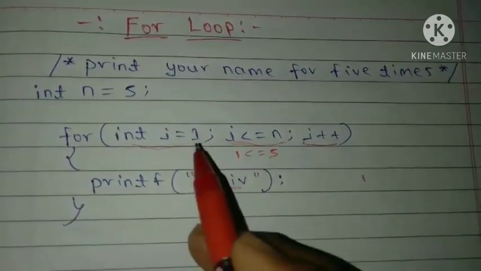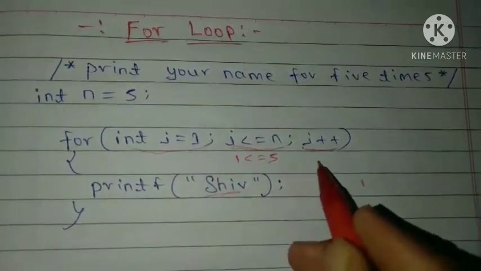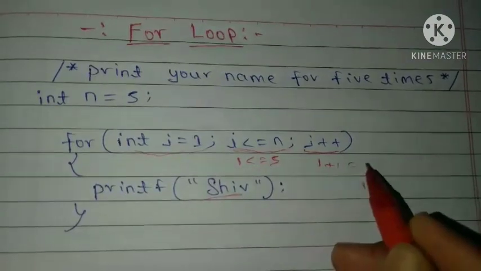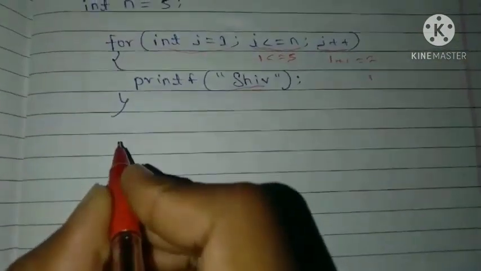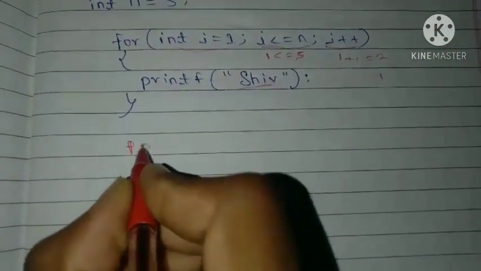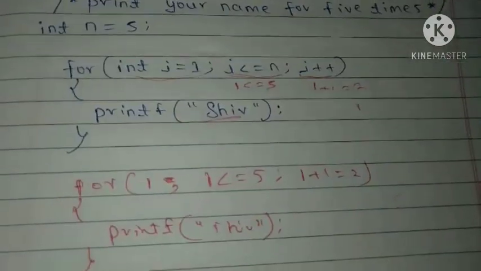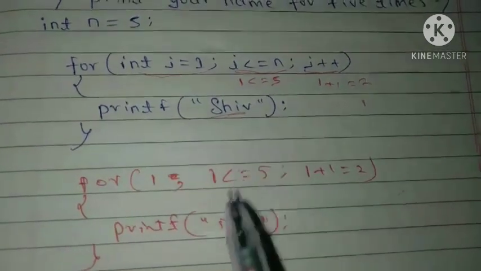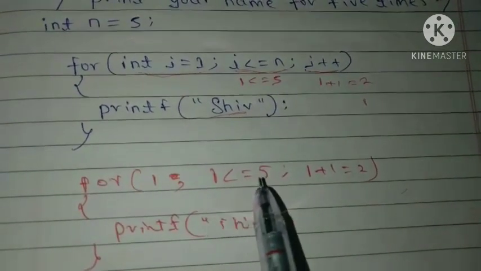It will print this word once, and after executing this statement, it will increment the i value by 1. What is the initial value of i? That is 1. It will increment by 1, so 1 plus 1 is 2. I think I should write it like this, then it will be easy for you. So now see, what was the i value? That is 1, and 1 is less than or equal to 5, condition true.